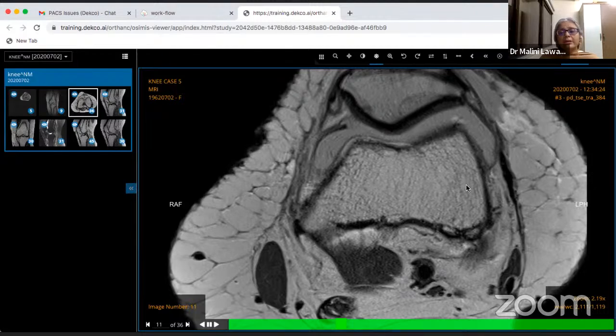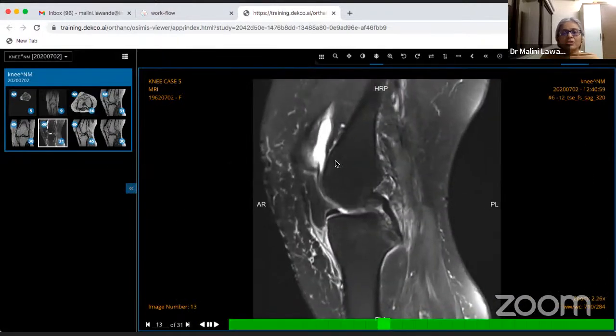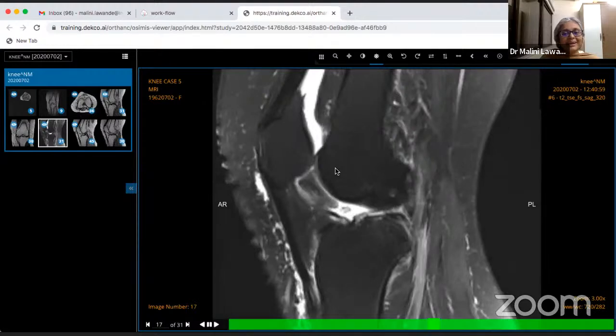If there is no internal derangement, menisci, cartilage, ligament, all completely normal, but there is effusion and not much synovial thickening also, then we will say effusion in the absence of internal derangement, and again, it has to be significant effusion. Because one thing to remember is there is always some physiologic joint fluid. No joint is completely dry.